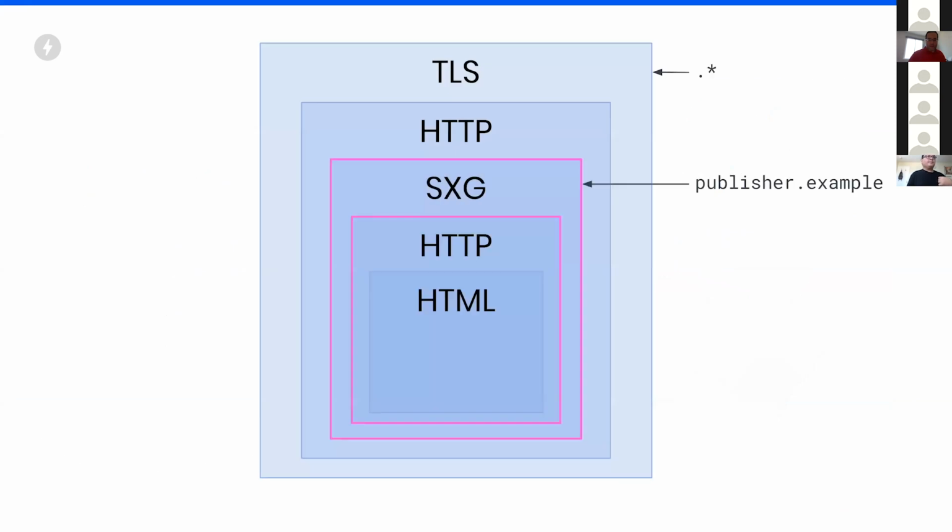You can think of it as an additional layer, because the signed exchange itself is still sent over HTTPS, but it introduces an additional layer of pseudo HTTPS from the signed origin.